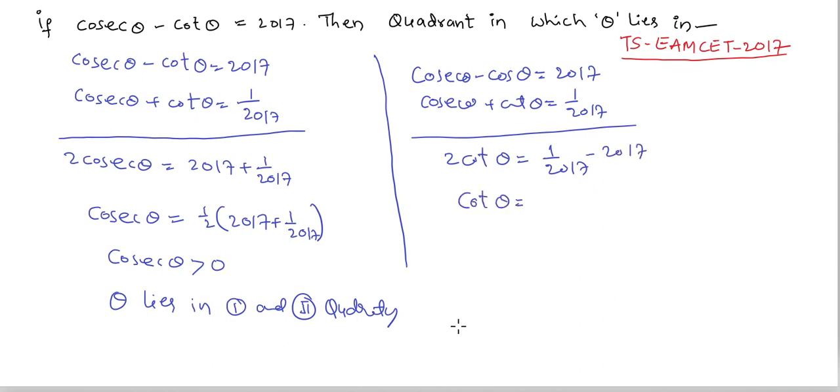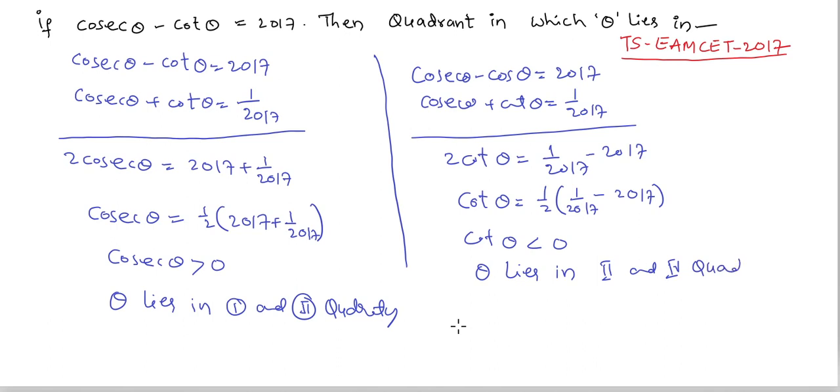From this, cot theta is equal to 1 by 2 into (1 by 2017 minus 2017), so cot theta is less than 0. That means theta lies in the second and fourth quadrants. This is the first equation and this is the second equation. Here theta lies in the first and second, here theta lies in the second and fourth. From the two equations, theta lies in the second quadrant.